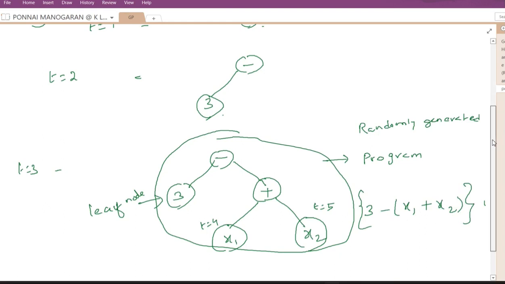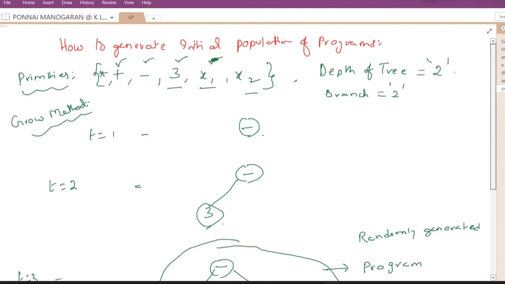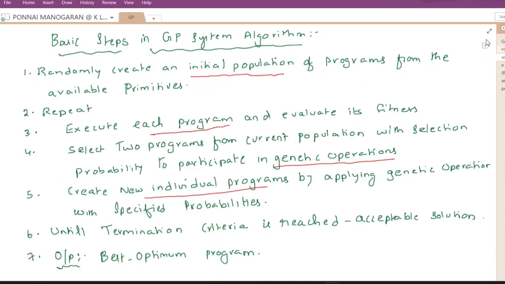In this way, you will construct a random population of programs. That is the first step. What you will do then is execute each program and evaluate its fitness. That is the second step.